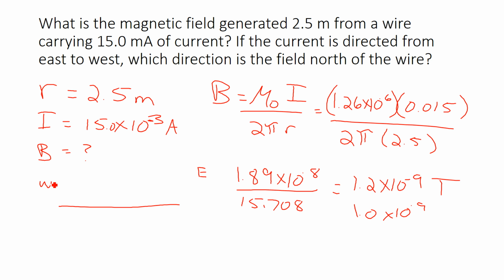No, wait. It always goes from negative to positive. This is positive. This is negative. So it's going to go this way, right?